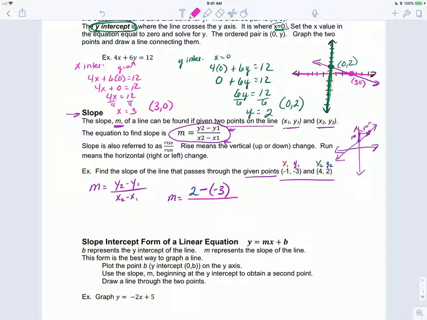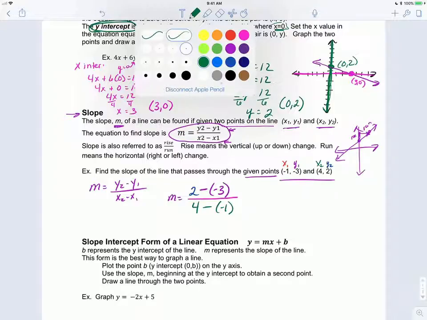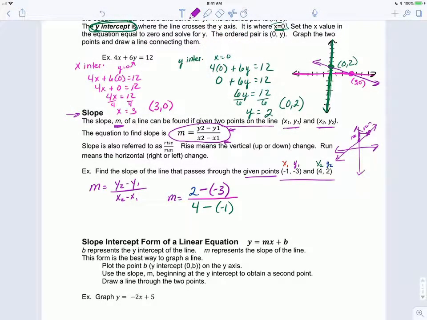So on the bottom, we find the difference in those two x values. Well, x2 is 4, and we're subtracting from it x1, which is -1. Remember, anytime you have those negative signs out in front of parentheses, you're subtracting a negative number, that really means to add it.